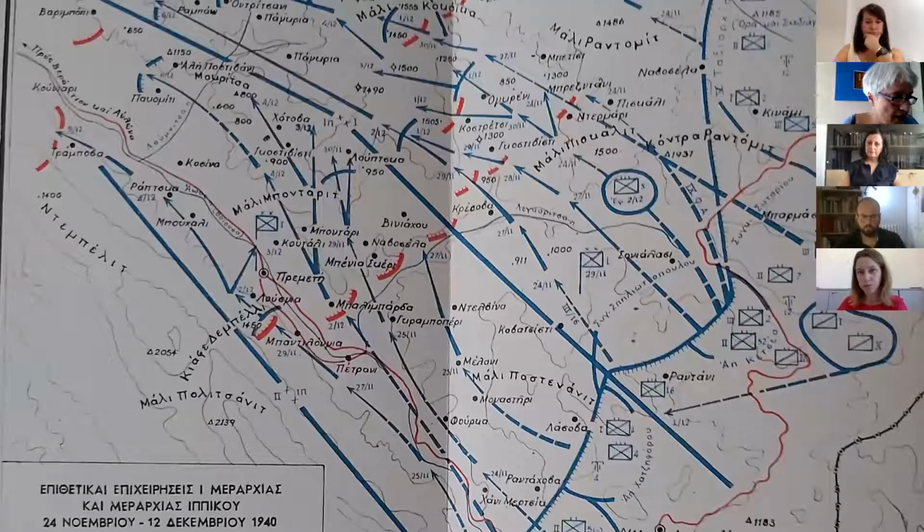So here is a map of the History Directorate regarding the Greek offensive operations against the Italian forces in southern Albania in the first months of the war in 1940.